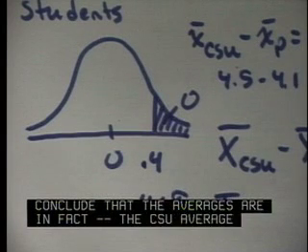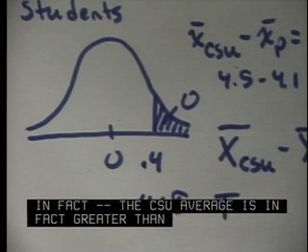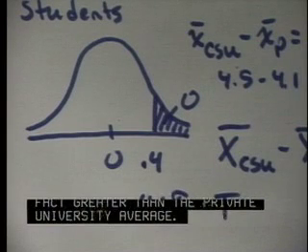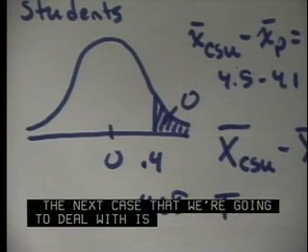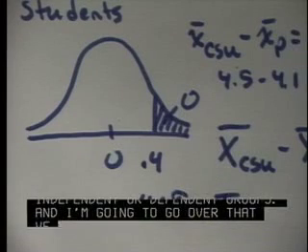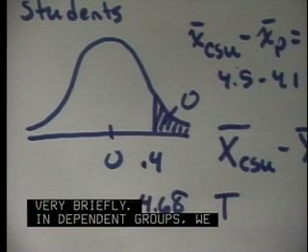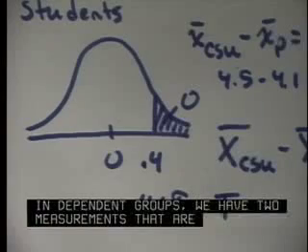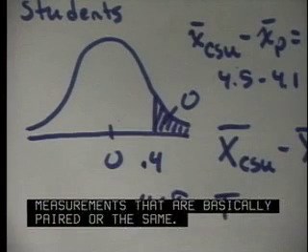The next case that we're going to deal with is testing independent or dependent groups, and I'm going to go over that very briefly. In dependent groups, we have two measurements that are basically paired or the same, and we're going to do an example with that.